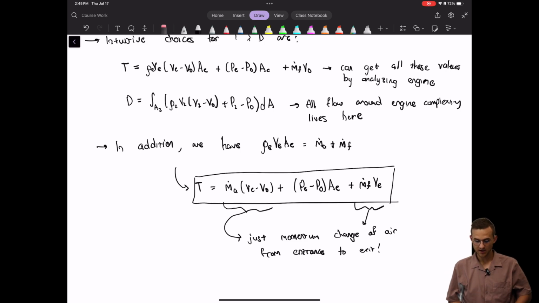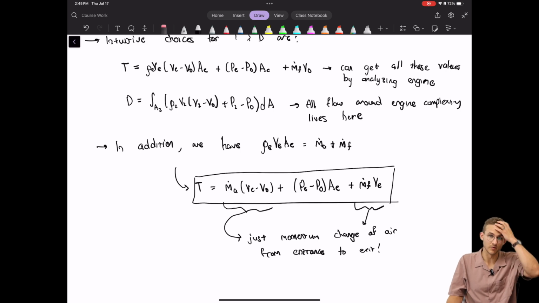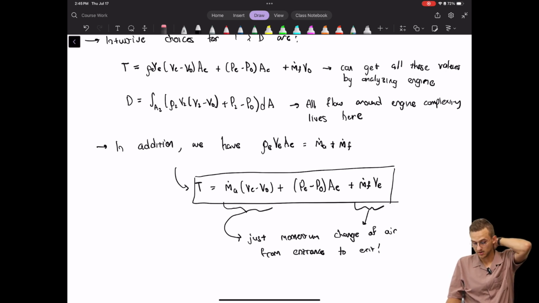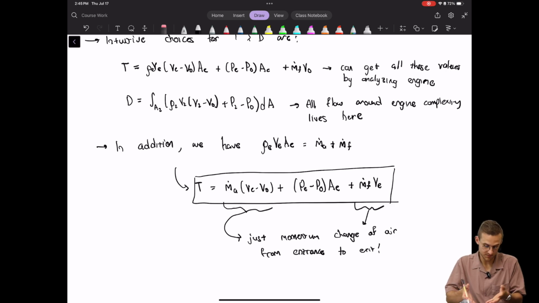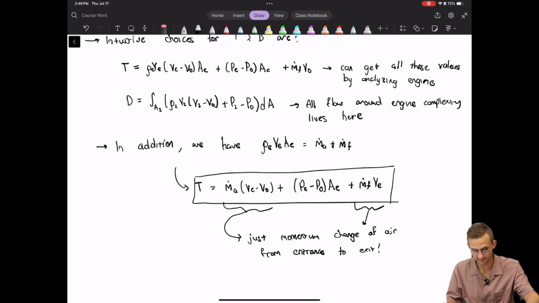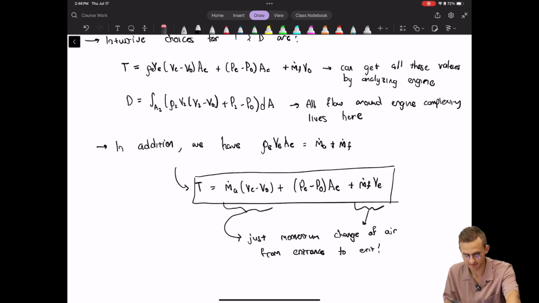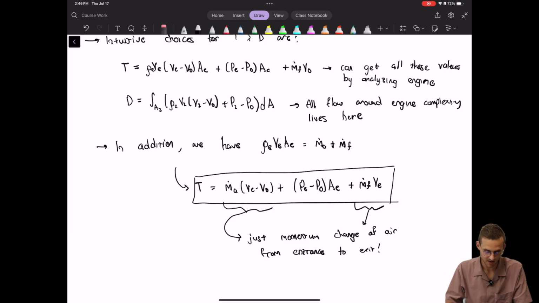You have the mass, and then also the pressure difference, which can be a net force on the engine, right? So we almost could have come up with this definition of thrust completely intuitively, but better to establish it using the Reynolds transport theorem in a rigorous way.